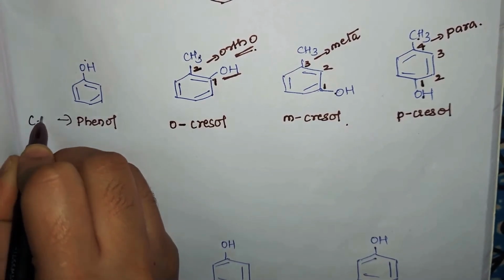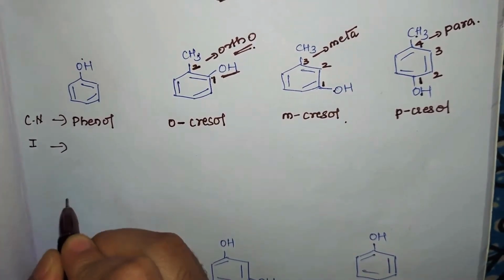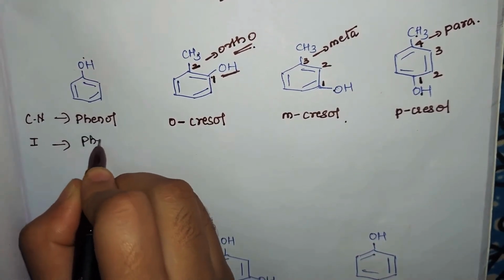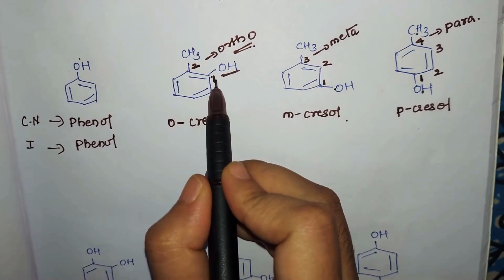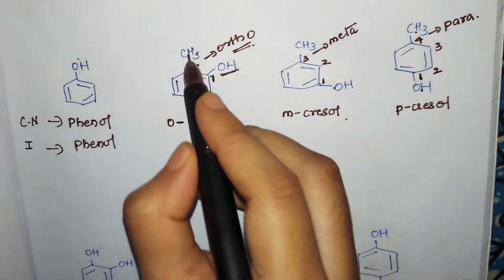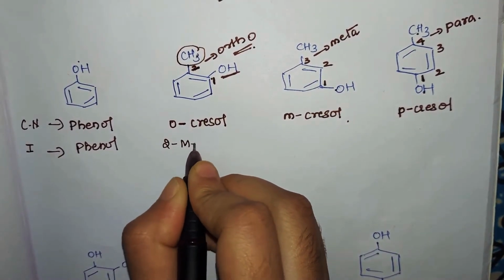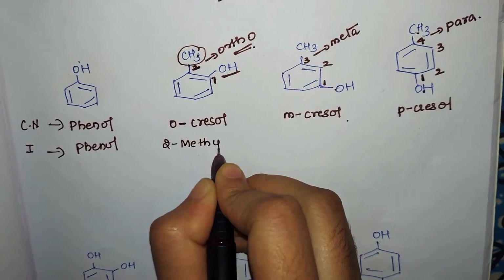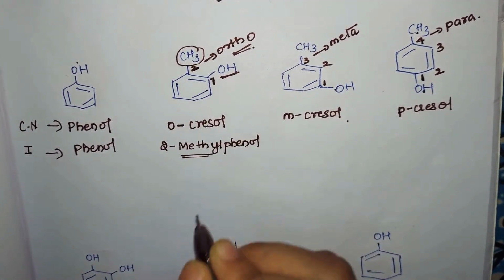Now let us see the IUPAC names of it. So to find out the IUPAC name, consider here. The accepted IUPAC name of phenol itself is phenol. We'll find out the IUPAC name. So OH has to be given the first preference. CH3 is given the second preference. So it becomes what? 2-methyl. And to what is it attached? To phenol. So we call it what? 2-methyl phenol.